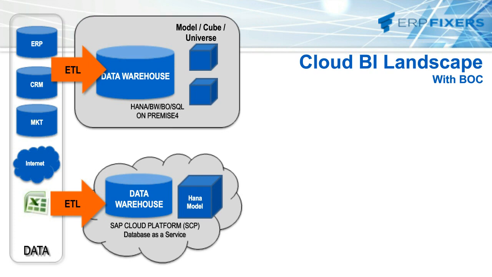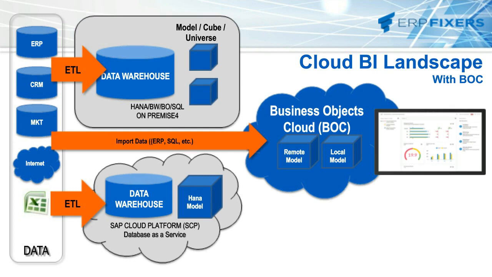It can be a SQL Server database, for example. It can be a file server with flat files. It can be your own ERP. So you have the ability to import data, as we can see here in the middle of the screen, directly into a local model. A local model is a model where the information is imported and resides, or is stored, in Business Objects Cloud.